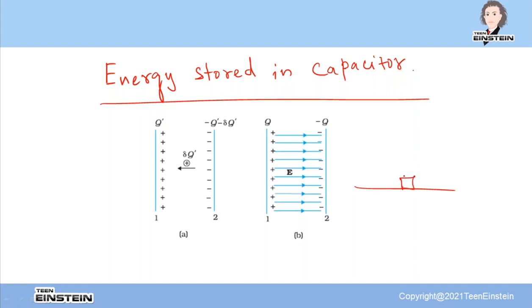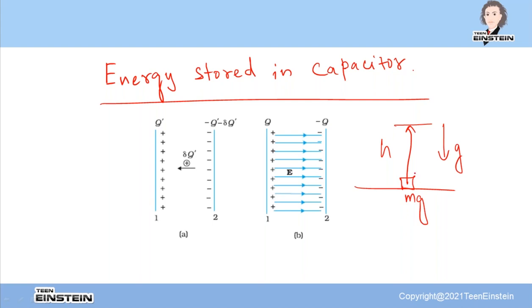Now if I just want to lift it up to some height h, I have to work against the gravity, right? So that work done is actually stored as potential energy in this mass. So the potential energy at this height is mgh.